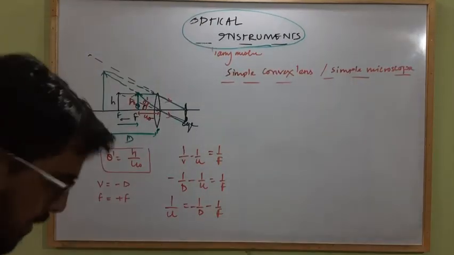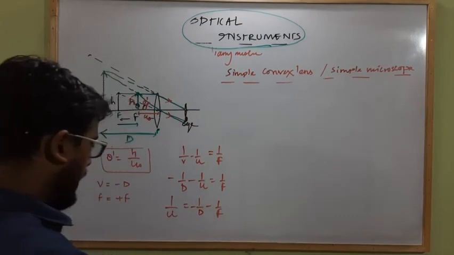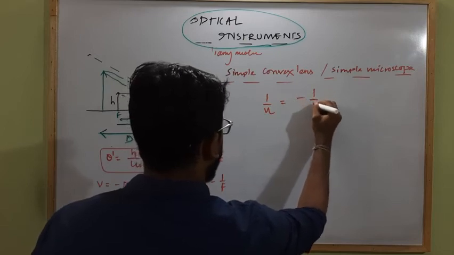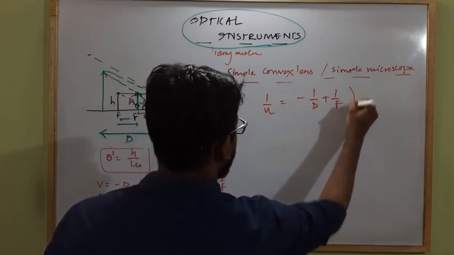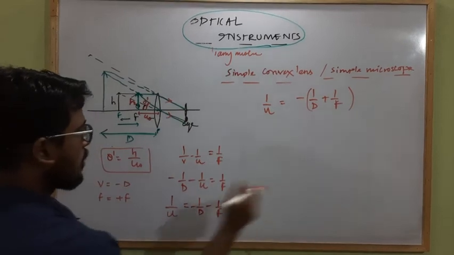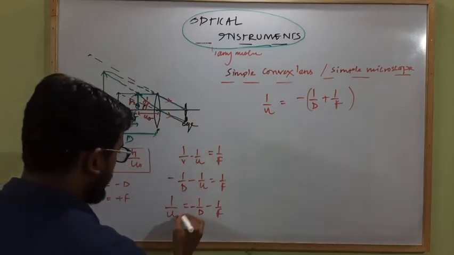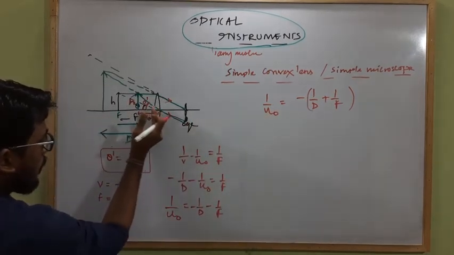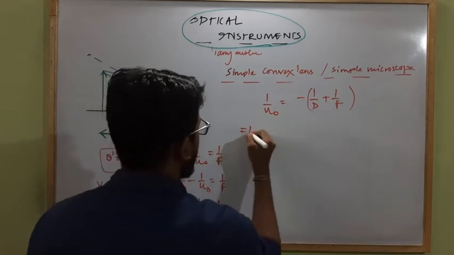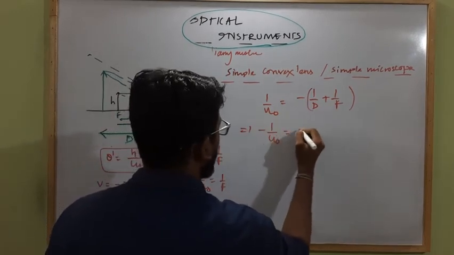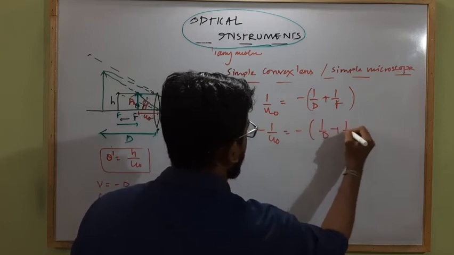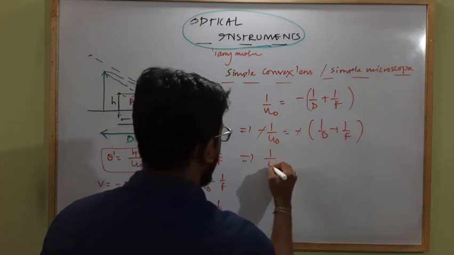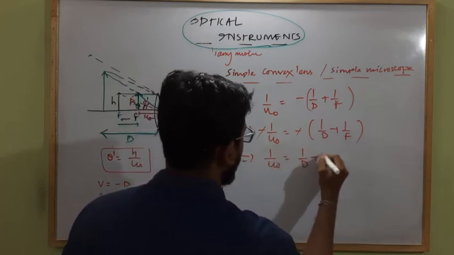Okay, so from this we can write 1 by u equal to minus of 1 by D plus 1 by f. Clear? Taking minus common, but as here it will be u naught. Okay, as here the u naught is also measured opposite to the direction of incident ray. So this implies you can write minus 1 by u naught equal to minus 1 by D plus 1 by f. So negative negative will get cancelled. So this implies we will get 1 by u naught equal to how much? 1 by D plus 1 by f.